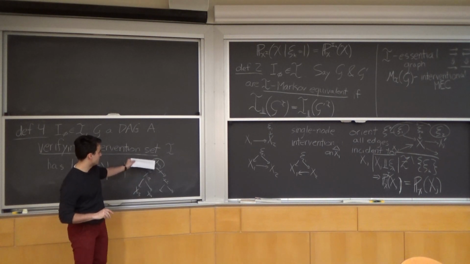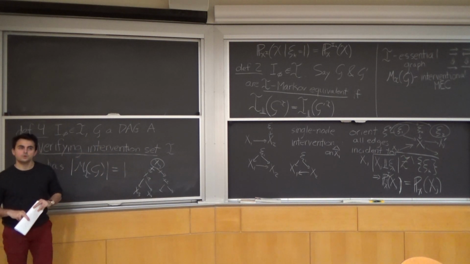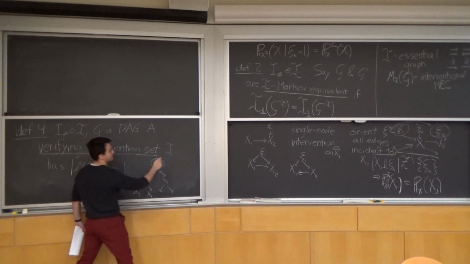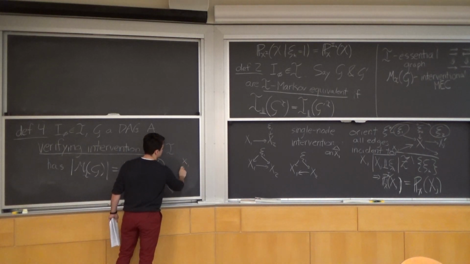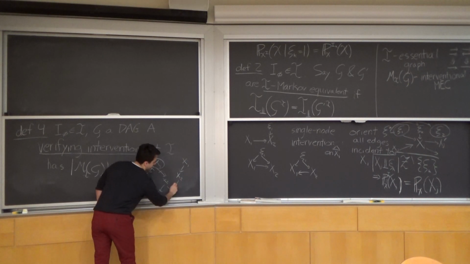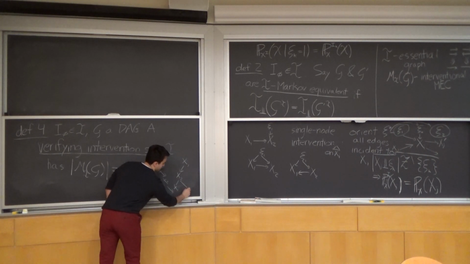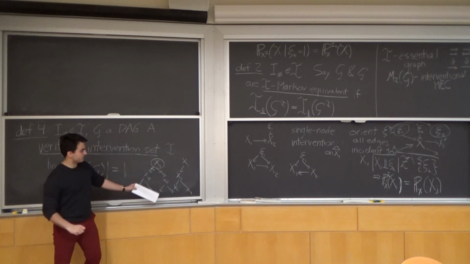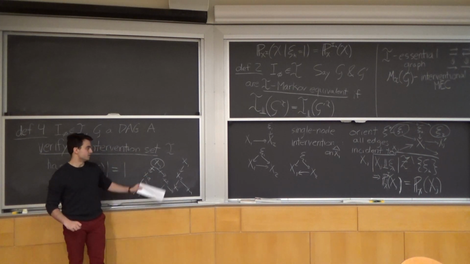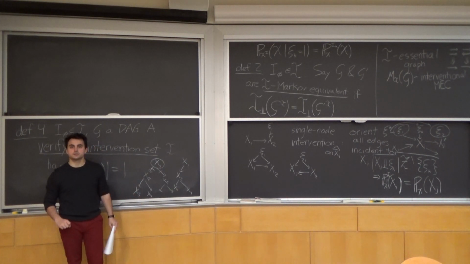So once I give you x1 to x2, and say I had these undirected edges remaining, what does the orientation here tell us?